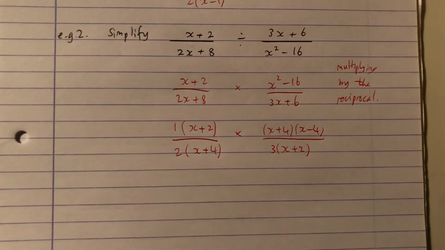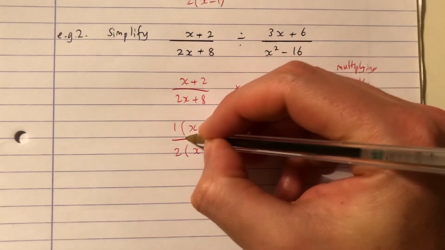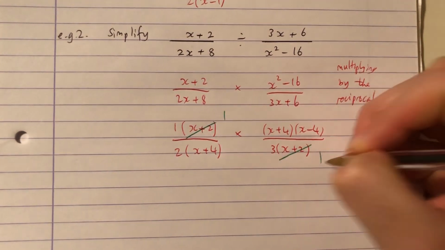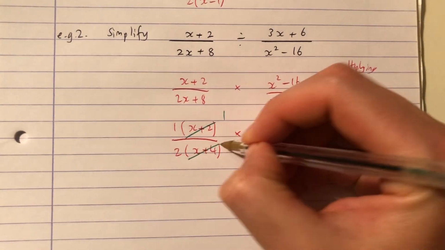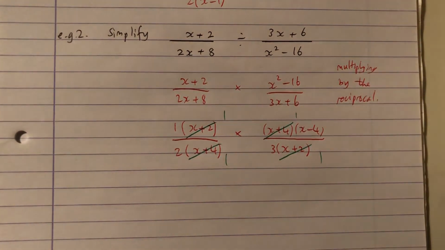And again, before you multiply numerators and denominators, you try to cancel any common factors. There's an x plus 2, which cancels with an x plus 2. There's an x plus 4, which cancels with an x plus 4. And that's it.